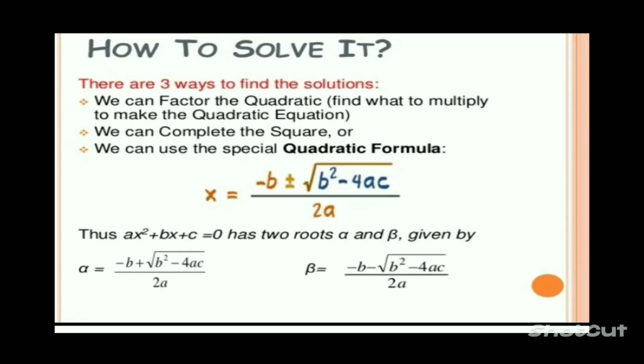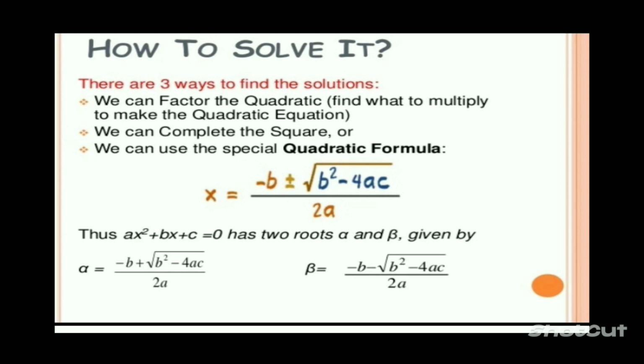How to solve it? There are 3 ways to find the solutions. We can factor the quadratic, finding what to multiply to make the quadratic equation. Second, we can complete the square, or we can use the special quadratic formula. So this is the quadratic formula: x equals negative b plus or minus the square root of b squared minus 4ac, over 2a.